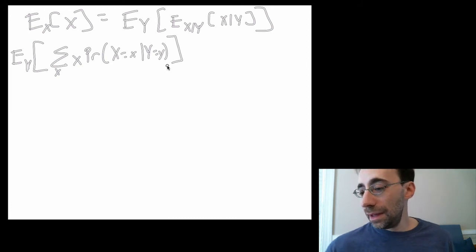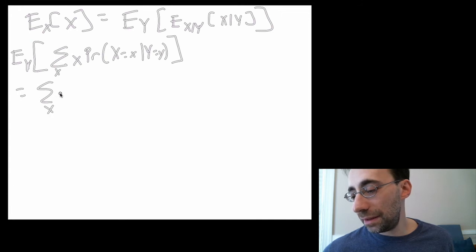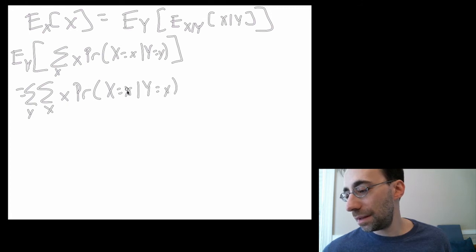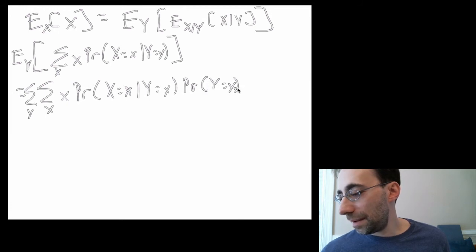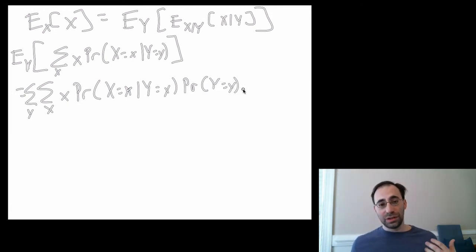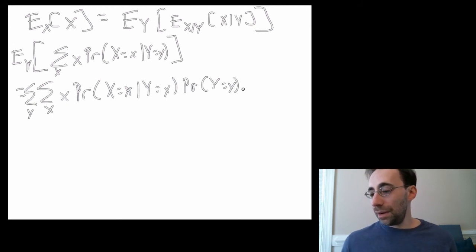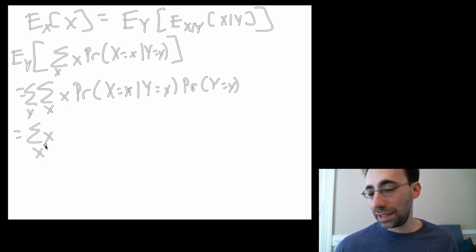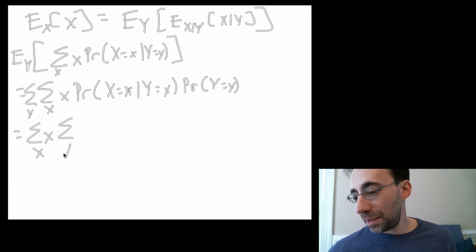That's going to equal the sum on y, out front, of the sum on x of x times the probability that big X equals little x and big Y equals little y, divided by the probability that big Y equals little y, times the probability that big Y equals little y. Okay. So we're using definitions of the expected values to do this. Well, let's change the order of the sums here. You get the sum over x of little x times the sum over y of the probability of this.